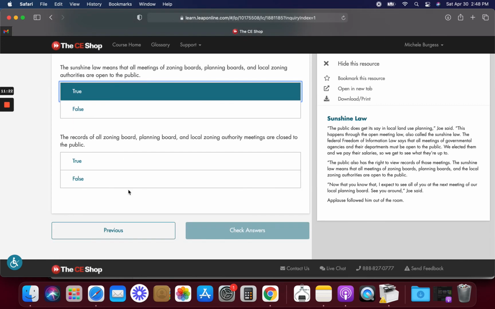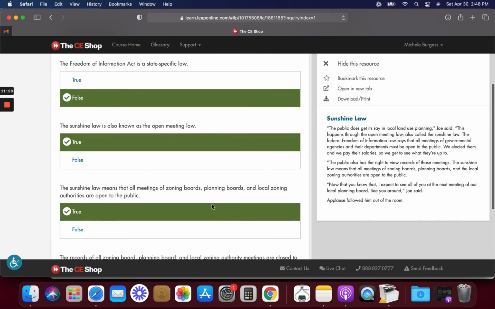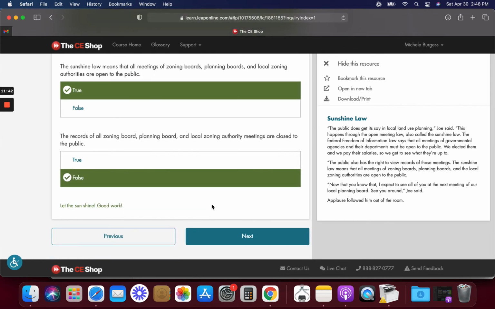The records of all these meetings are closed to the public. False. All right, let's check it. I do know my Sunshine Law. I've actually never heard of this before, ever. Anyway, if you need to screenshot any of this, here you go. The records are closed to the public. False. They are open.